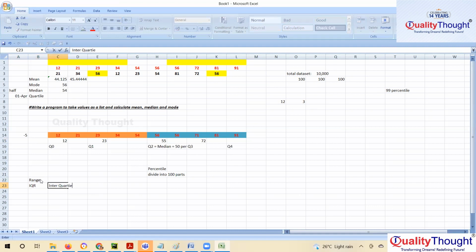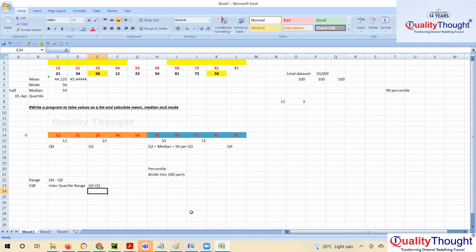Simple range is Q4 minus Q0. What does that mean? Largest minus smallest. Interquartile range is Q3 minus Q1.